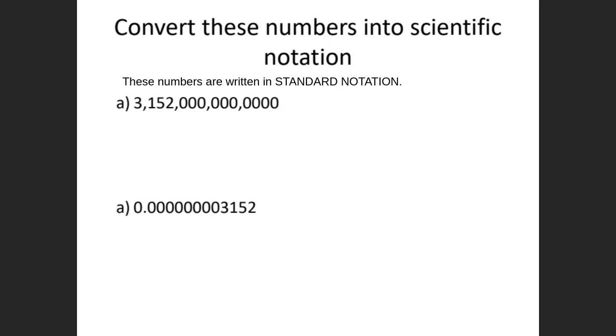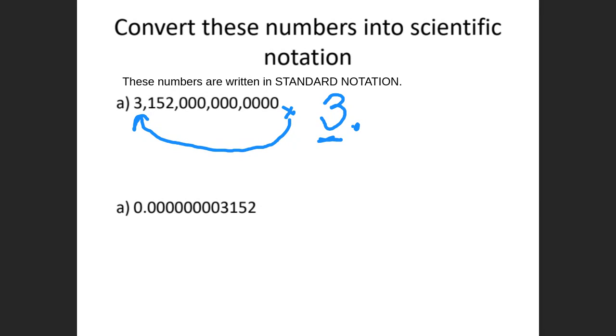Well, first off, the key is decimal places. If you look at A, the decimal is at the back of this number. That's how we start. We want to move this decimal so that I get one digit to the left of a new decimal.